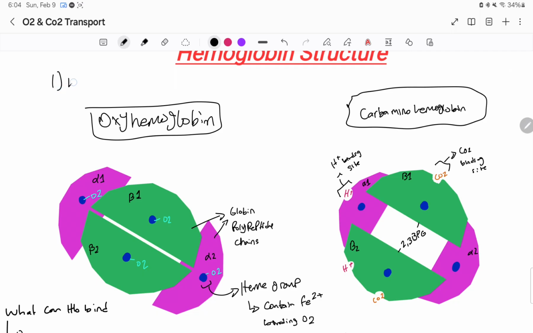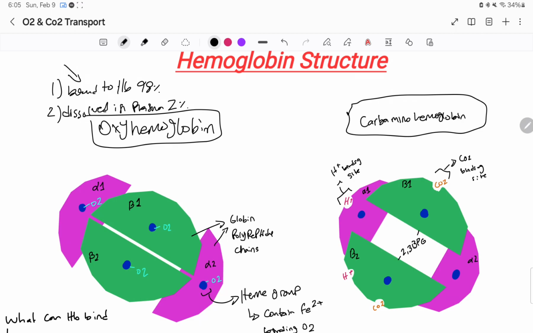One, it is bound to hemoglobin, and that's about 98%. The second way was that it's just dissolved in the plasma, and that was the other 2%. The oxygen that is bound to hemoglobin exerts no partial pressure.